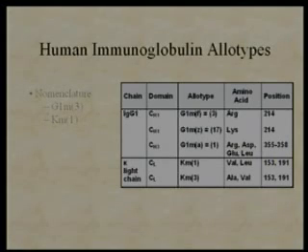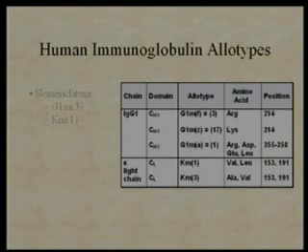So if you have a gene that specifies arginine at position 214, then you will express allotype 3. You will be G1M3. In contrast, if you have a gene that specifies lysine at that position, then you will be G1M17. So you will have that allotype.